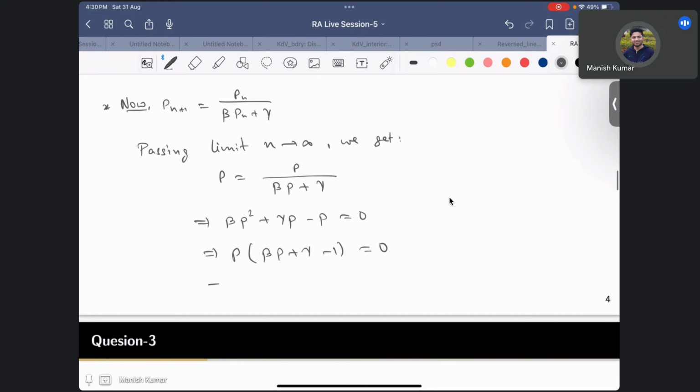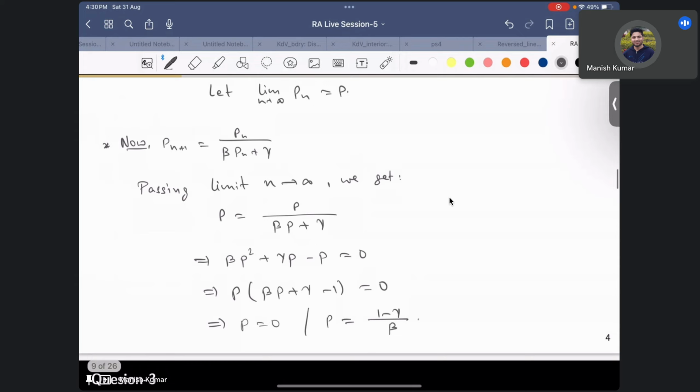So this tells me that P is equal to 0, or P is equal to 1 minus gamma upon beta, right? So these are the two possibilities: the sequence Pn will either converge to 0 or converge to this. But it cannot converge to two limits, so we have to discard one of the options. Both of them cannot be possible.